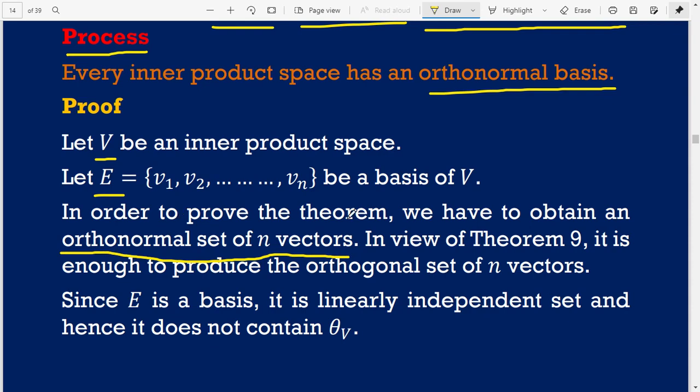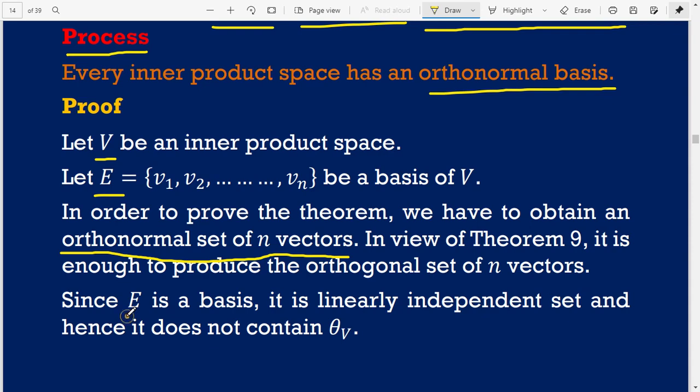In order to prove this theorem, we have to obtain an orthonormal set of n vectors. In view of theorem 9, it is enough to produce an orthogonal set of n vectors.